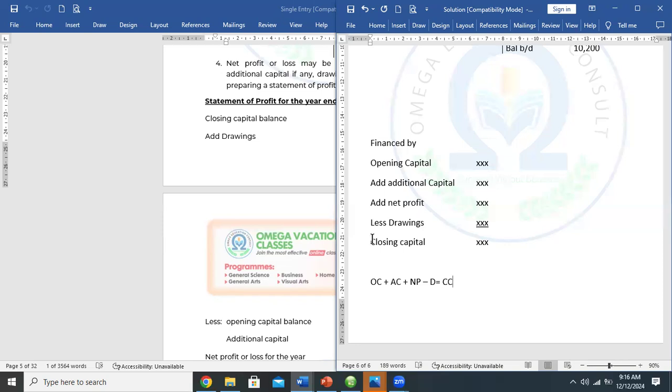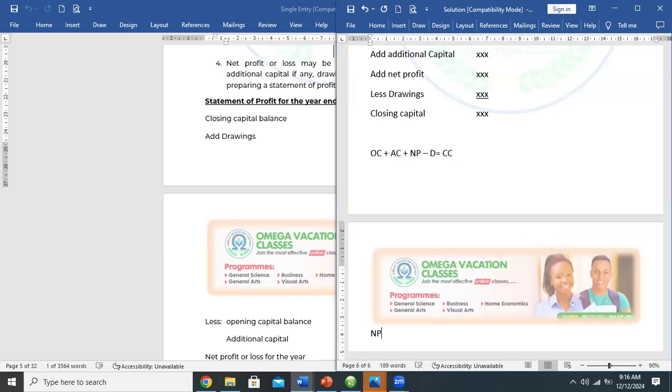So out of this mathematical statement, we can make net profit the subject, NP the subject, and my able mathematicians, if you have this expression and you want to make NP the subject, what expression are you going to get on your right-hand side? Quickly, if somebody can do that for me.